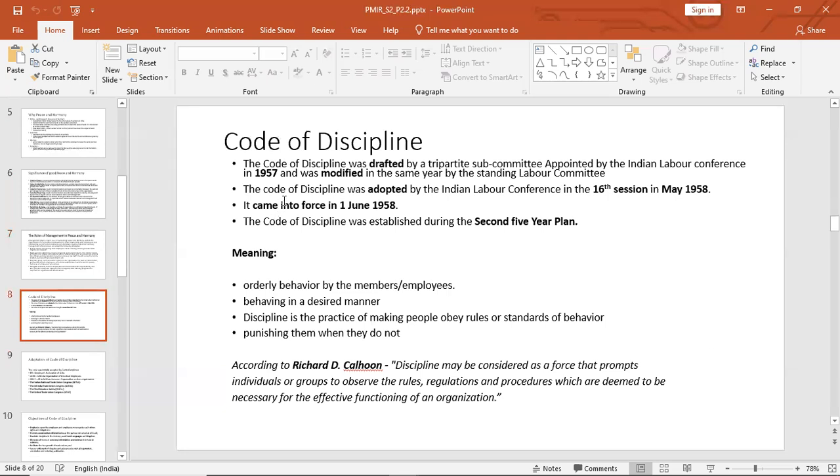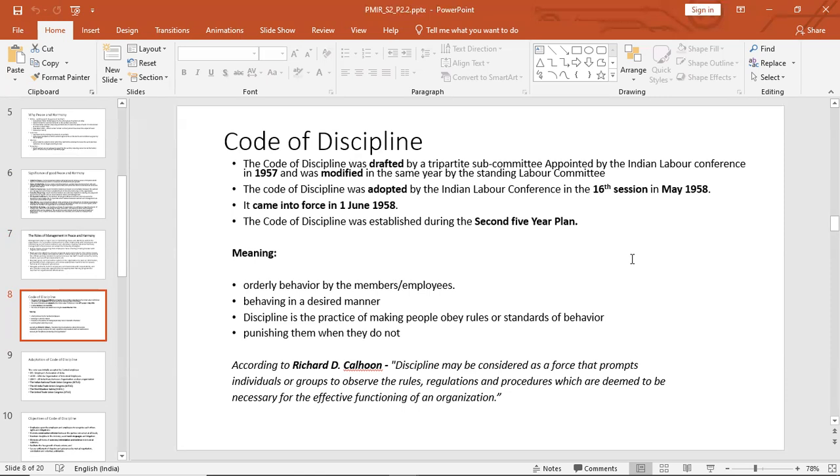Code of discipline. We discussed what is the meaning of code of conduct and code of discipline. The code of discipline was drafted by a tripartite subcommittee along with the ILCU. We studied the Indian Labour Conference.